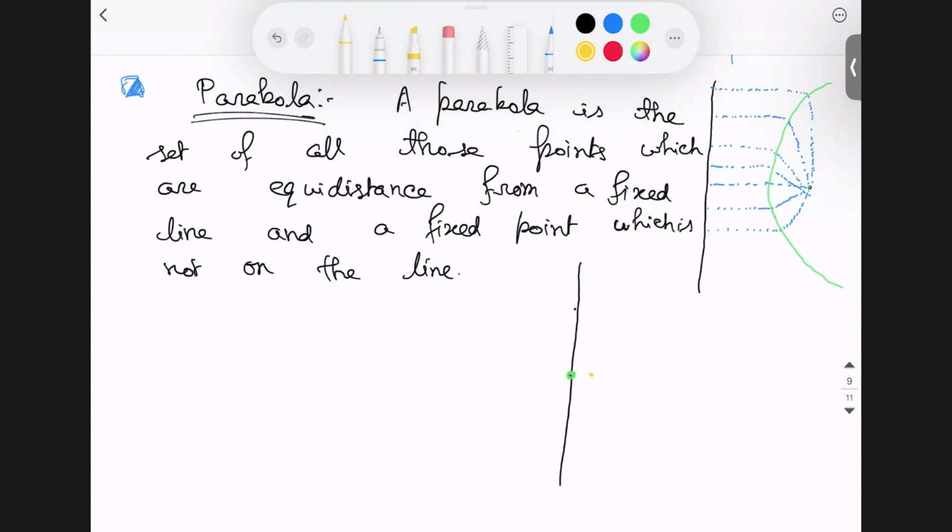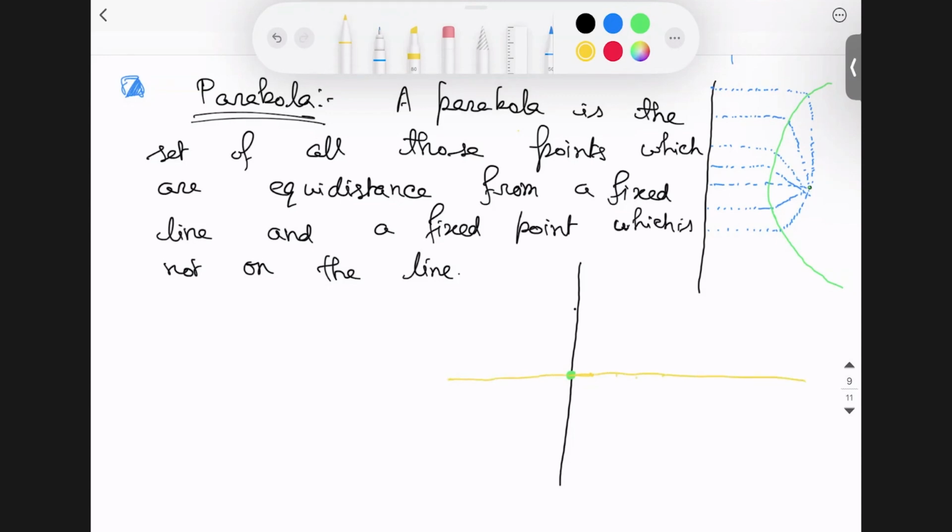If I draw the perpendicular, you can clearly see that this is the distance from the green point and this is the distance from the straight line. This is equidistant. Similarly, if we consider this point, this point, this point, this will always give the same distance from the fixed point and from the straight line, and in the same direction. So ultimately we will get a straight line.